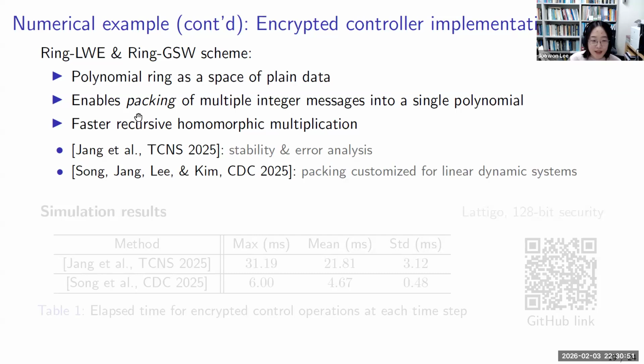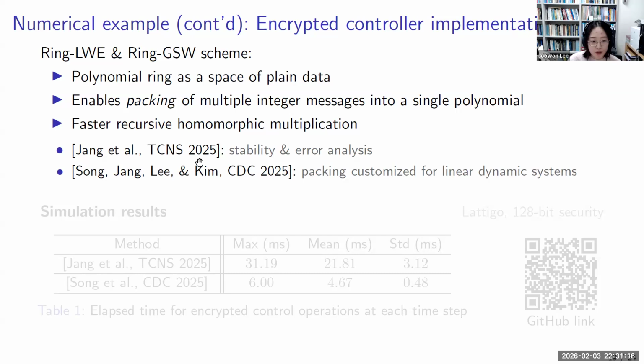This enables packing of multiple integer messages into a single polynomial, which means that we can encode several messages and pack them into a single polynomial. It also enables faster recursive homomorphic multiplications.